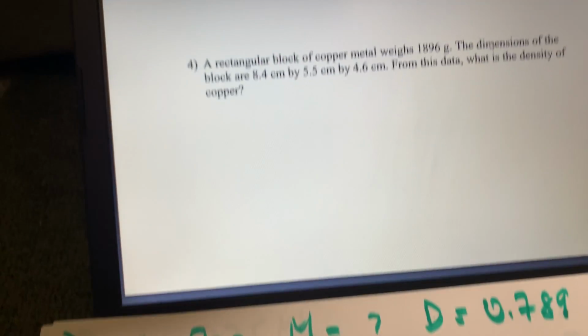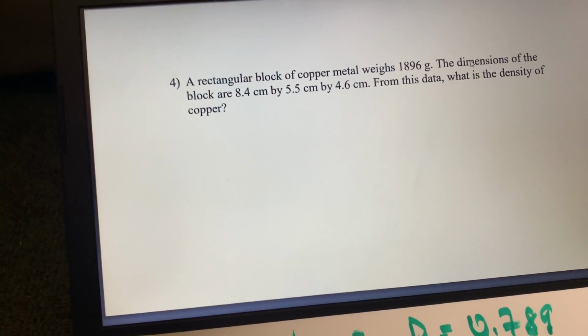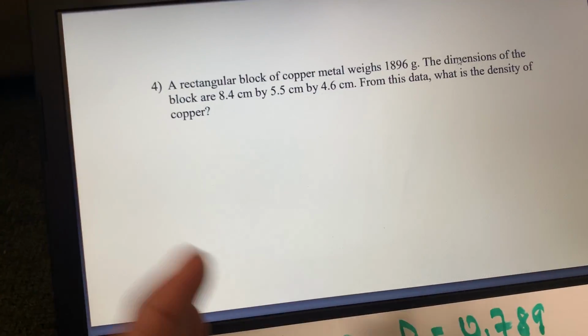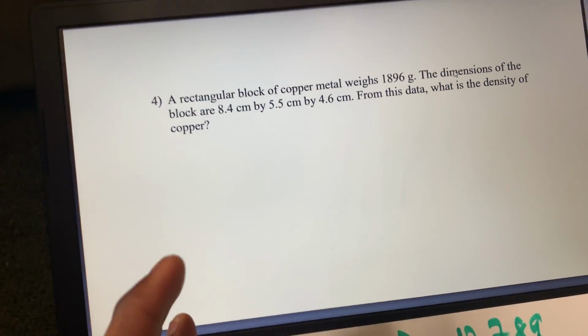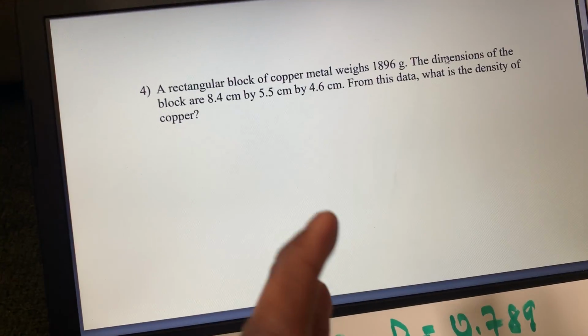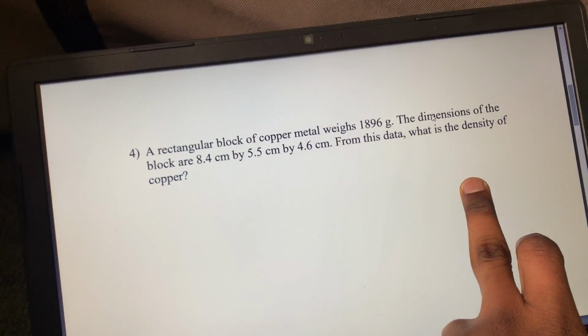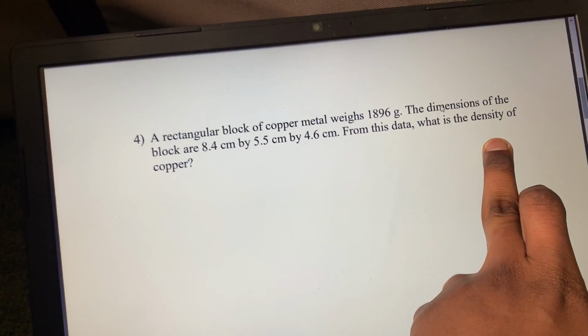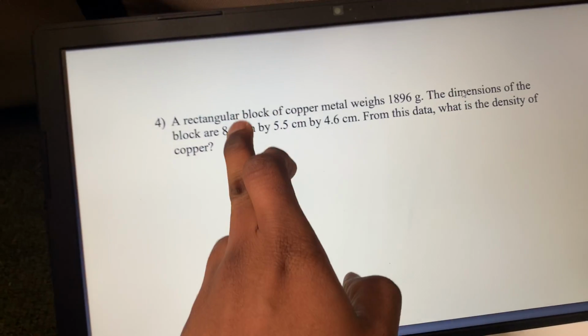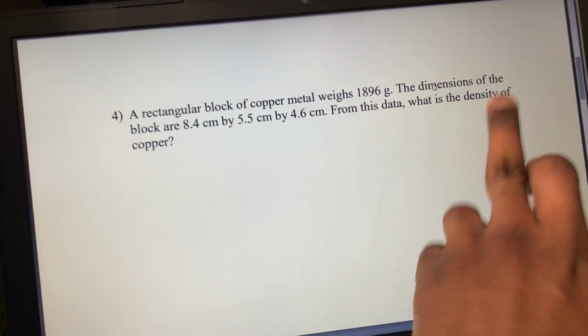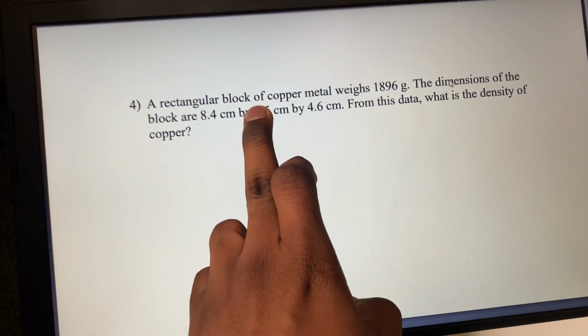There are 3 complicated numbers over there. Instead of giving us the volume, they give us 8.4, 5.5, 4.6. That's not the volume. They didn't ask us for volume, but they asked us for density. So we need to find the volume.